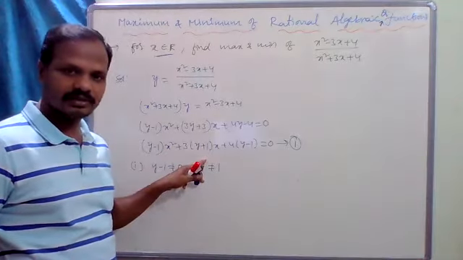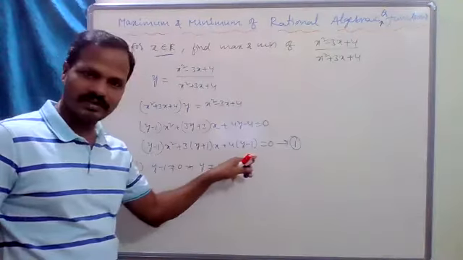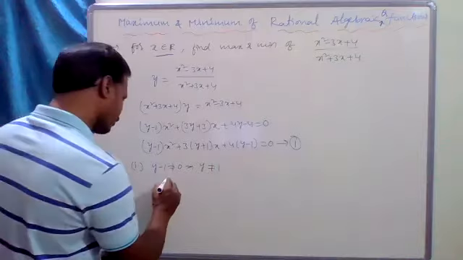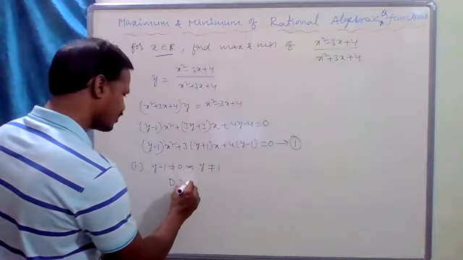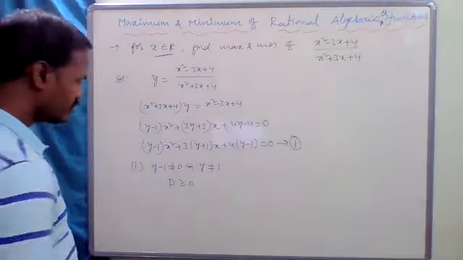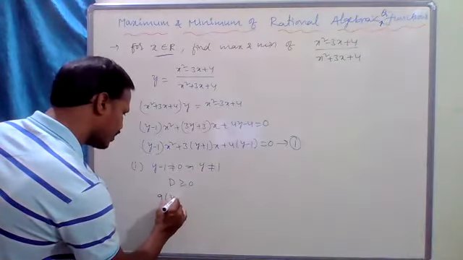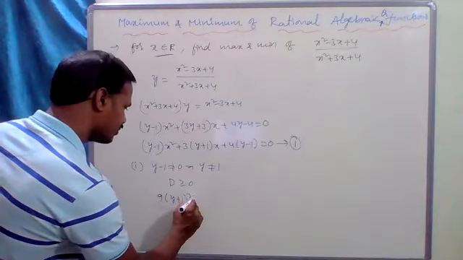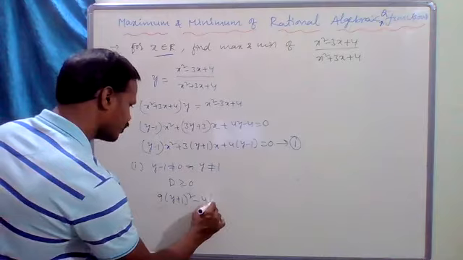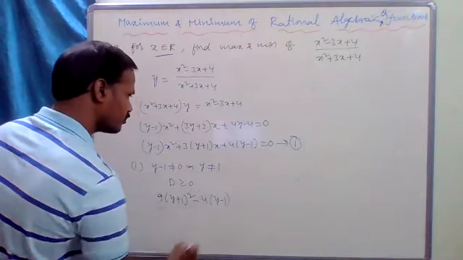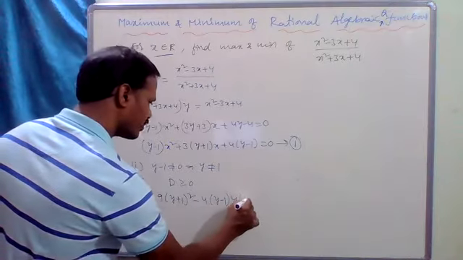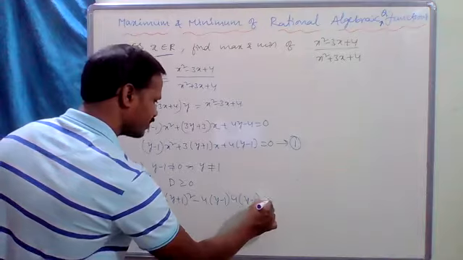Real roots means the discriminant of this equation must be greater than or equal to 0. D must be greater than or equal to 0, means b square minus 4ac: 9 into (y plus 1) whole square minus 4 into (y minus 1) into 4 into (y minus 1) is greater than or equal to 0.